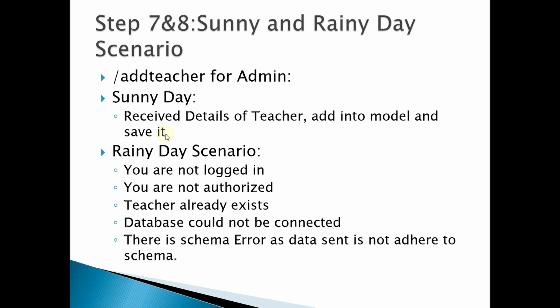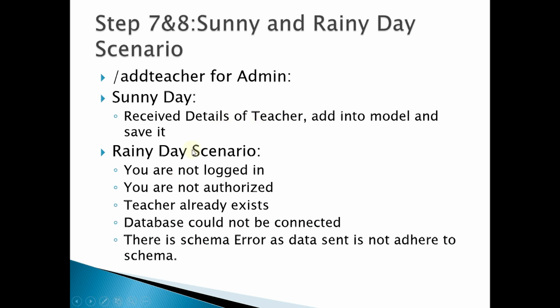For the rainy day scenario, what can go wrong? First thing, the information sent on a specific route is not sent by a person who is currently logged in. Means he is not logged in. So in this case, we will send the message back that you are not logged in to send this information to our system.